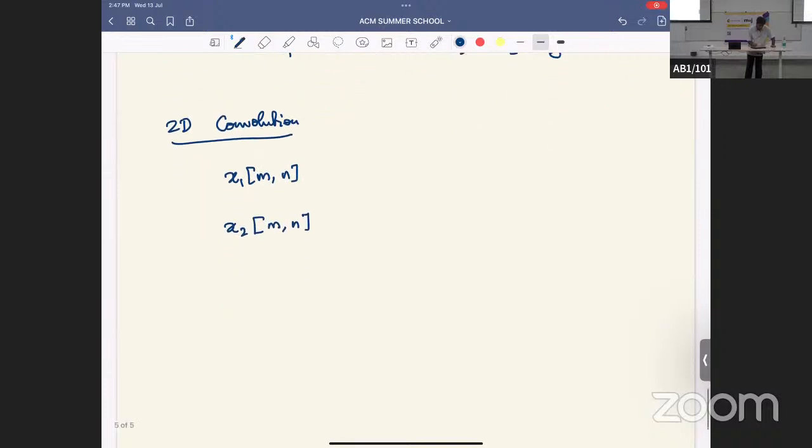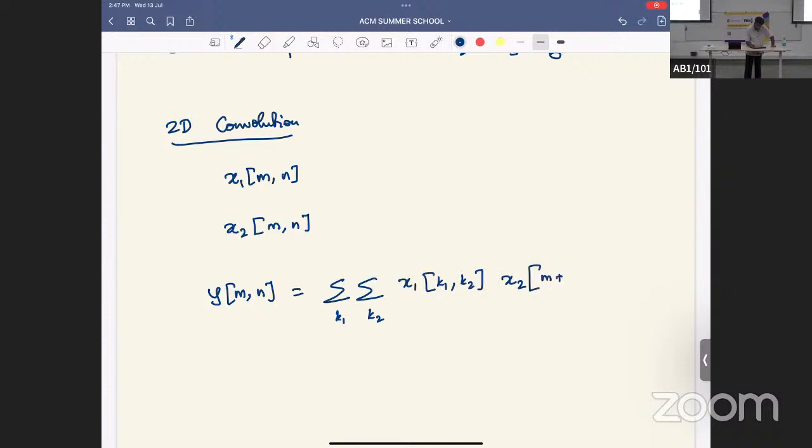Two signals we want to convolve, and y of m comma n is equal to the sum over k1, k2, two dummy variables, of x1 of k1 comma k2 times x2 of m plus k1 comma n plus k2. This is also 2D correlation, but we call it convolution.